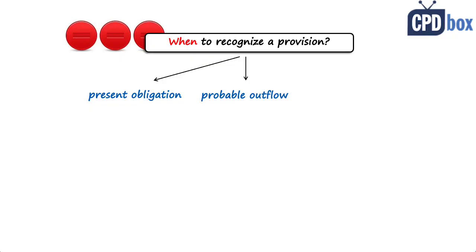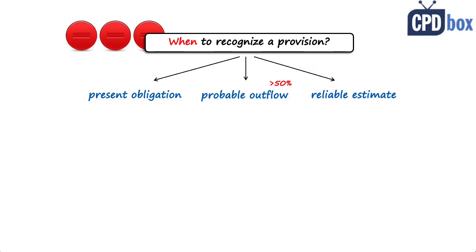And there is a higher probability of having to pay than not having to pay, and in numerical terms, more than 50%. Number three, there must be a reliable estimate of the outflow of economic benefits that is required to settle the obligation. So we must be able to determine how much.